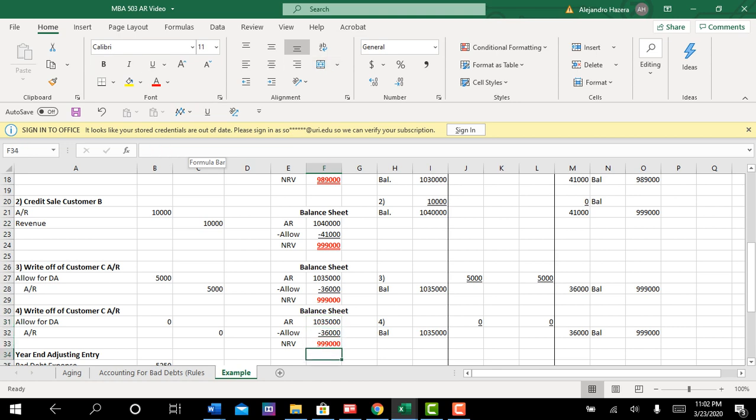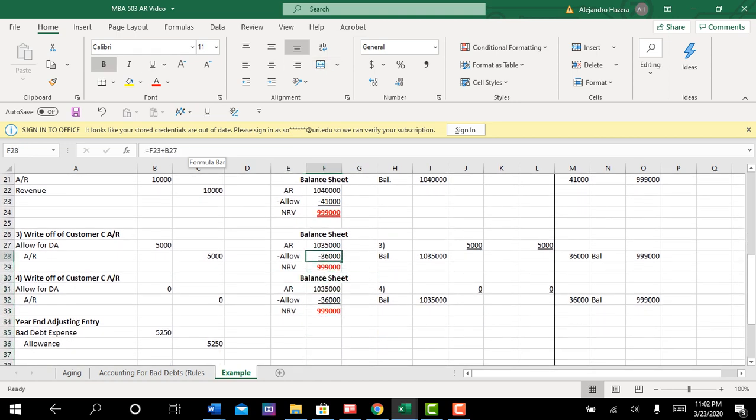Now, here's the second rule, and it is also important. Notice what you've done. You originally had accounts receivable of $1,040,000 less $41,000, which gave you $999,000. Then you write off an account, and the write-off takes $5,000 both out of accounts receivable and out of the allowance account.